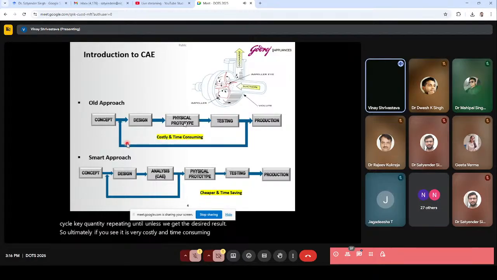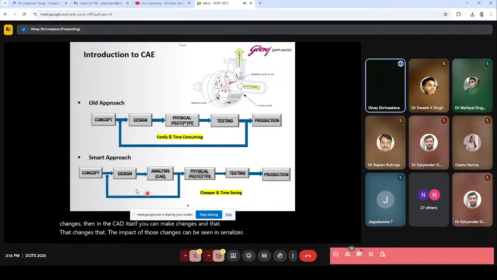And then we come to the smart approach. What happens here is, we have a concept, you make a design, and then you take this design to CAE analysis. With the help of CAE analysis, you will come to know how much result I am getting for my particular design. And if you think you need to make some changes, then in the CAD itself you can make changes, and the impact of those changes can be seen in the CAE analysis.